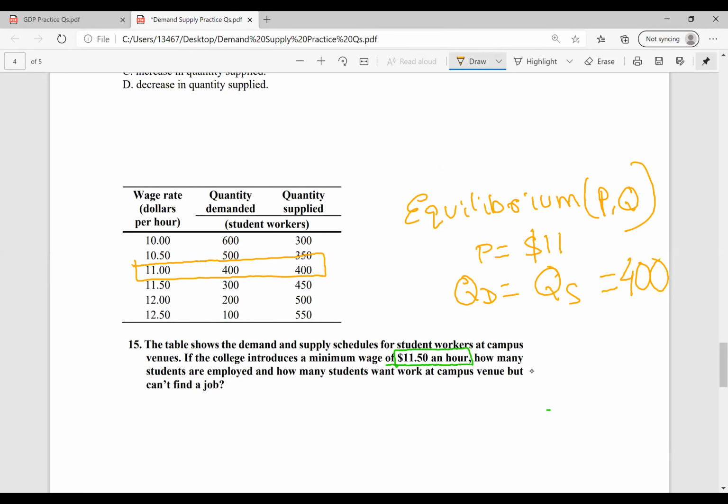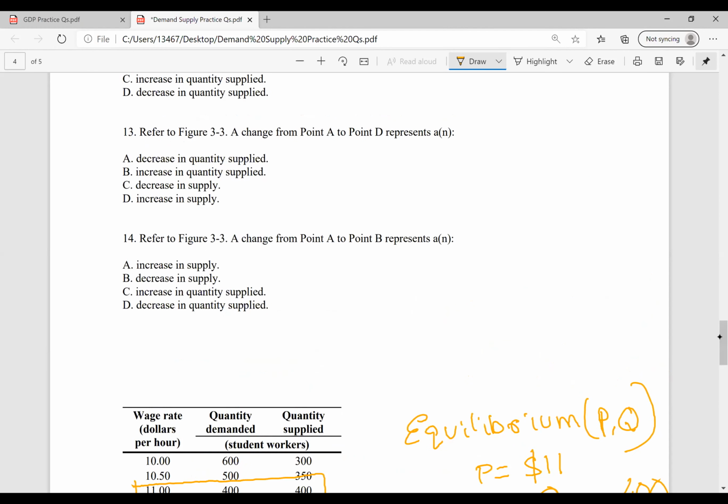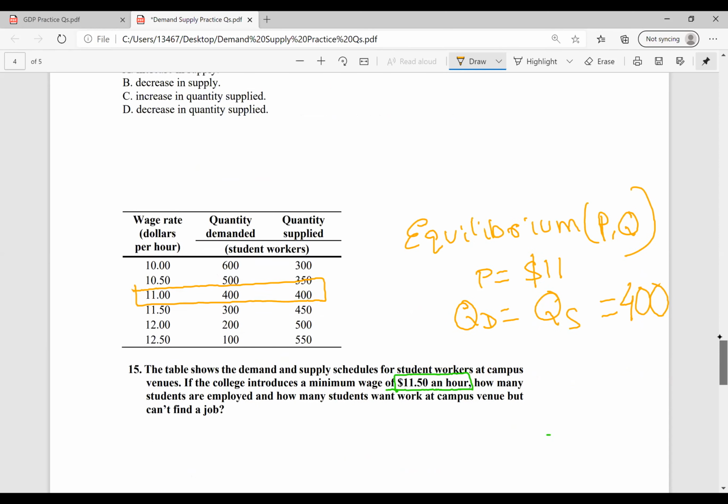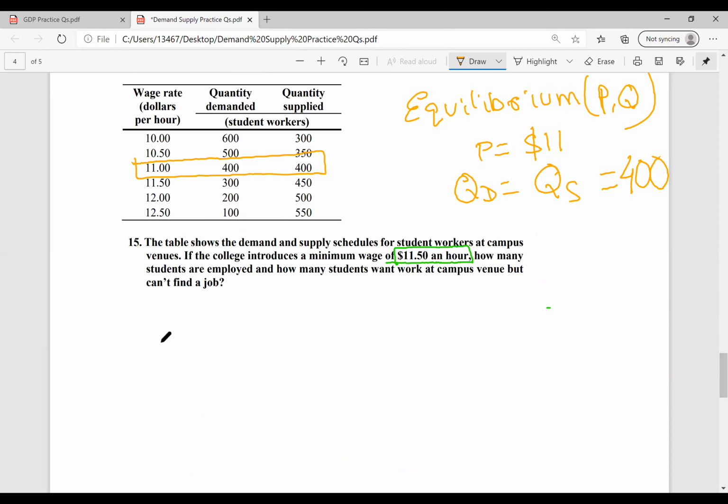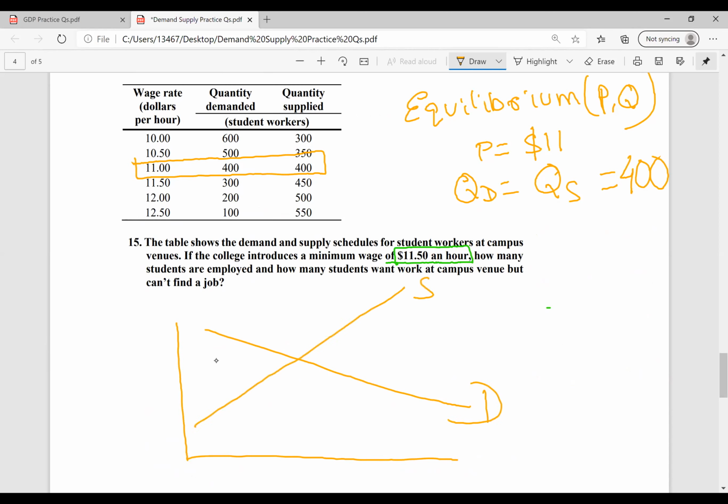I want to make this a little bit bigger. Okay, this is good. This is the demand. This is the supply. The price is $11. Quantity demanded and supplied is equal to 400.